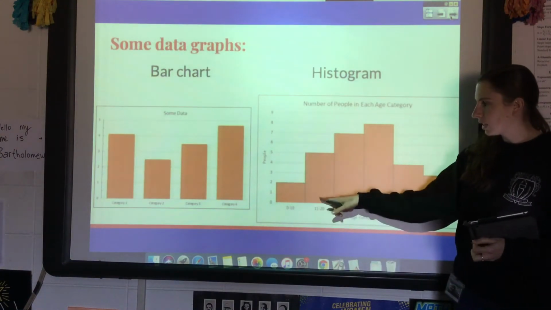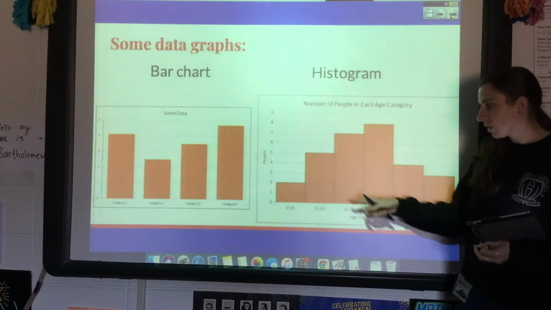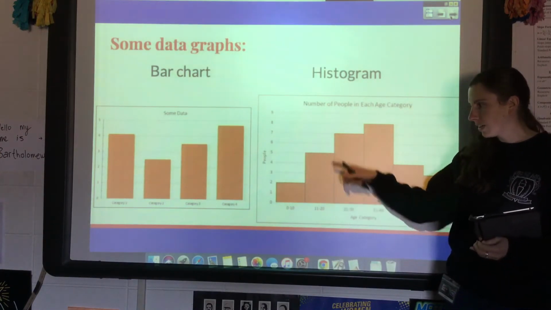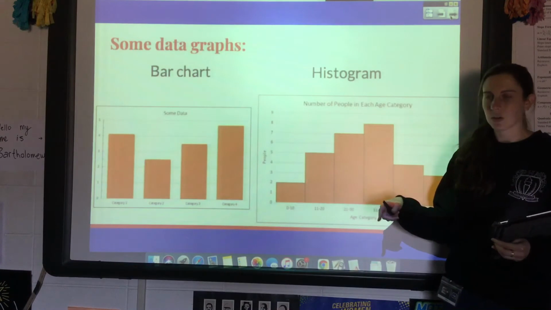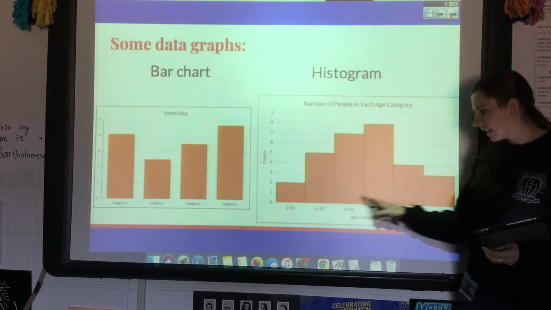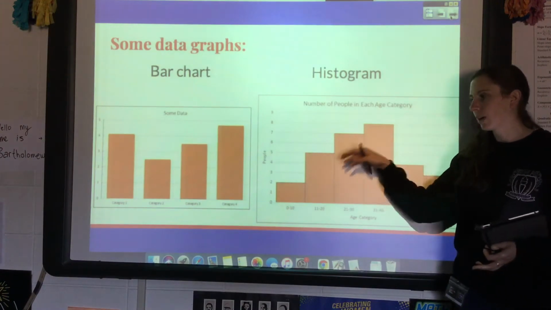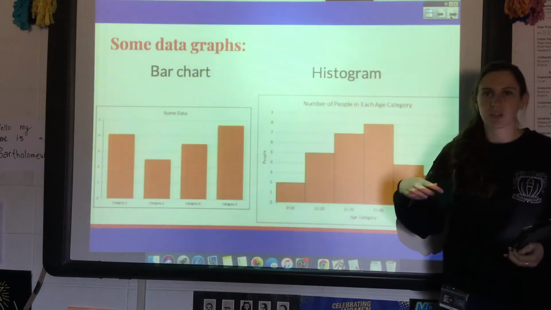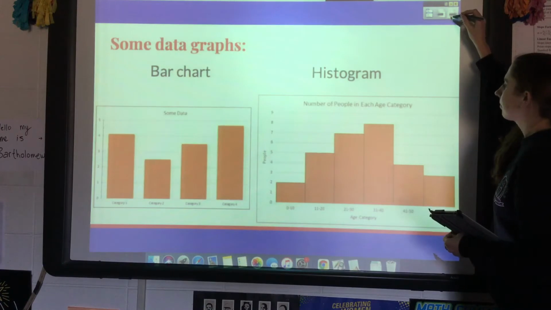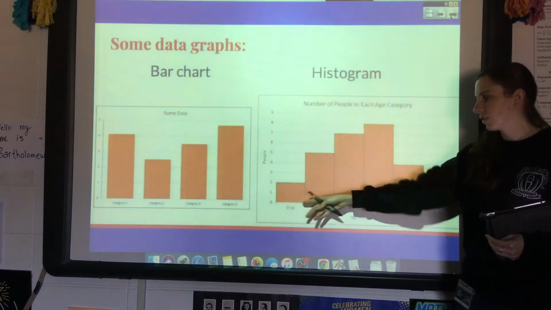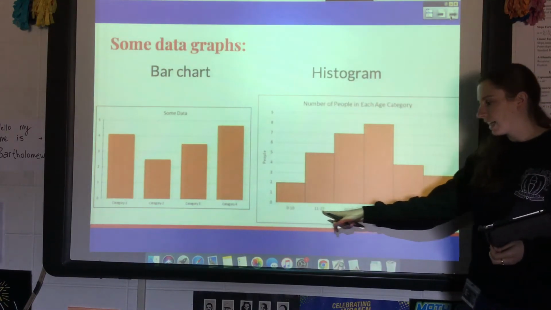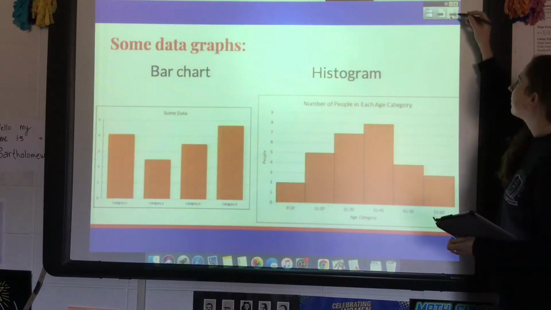And from 11 to 20, there were 5 people. So I don't know exactly what those people are, but I know there were 5 people in that category. So basically you break it down into intervals, and then you dump your data into those intervals, kind of like buckets almost, and just count up, again, the frequencies. It's called a histogram because it's like the history, it's like historical, like it increases each interval.